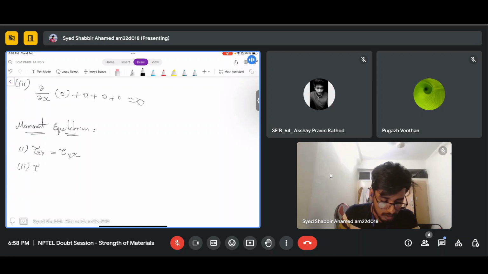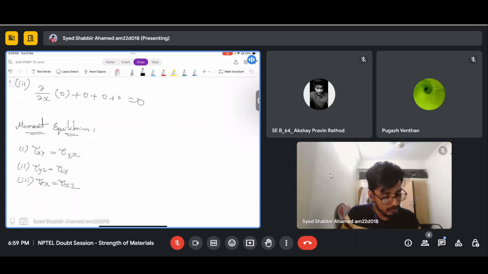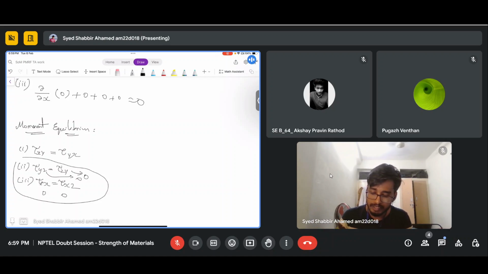This should be equal to this, and this should be equal to this, tau zx equals tau xz. So here we have all the cross shears. This is 0 and it will get satisfied, and this is 0. These z components are 0. So these two equations will be automatically satisfied.